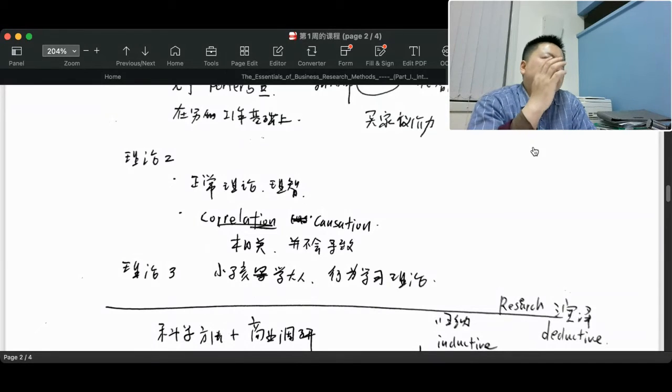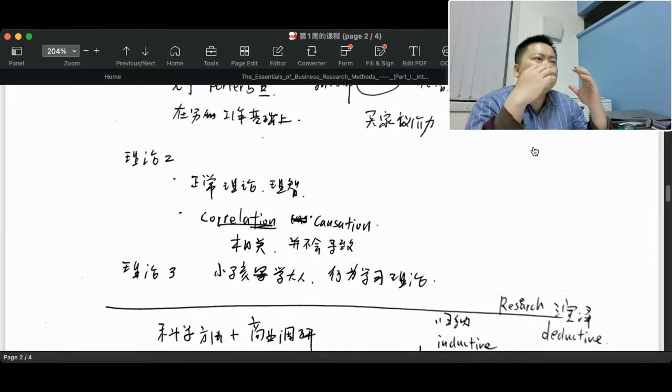And he mentioned correlation and causation. I think I saw this somewhere else. Let me try to explain this to myself. Correlation means A and B are related, but they don't cause each other.